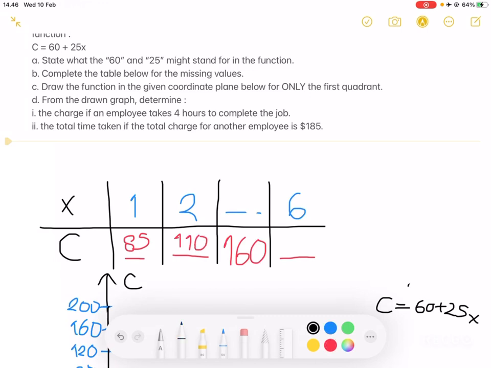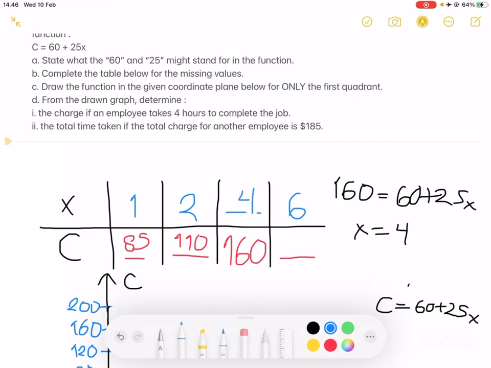And when C is equal to 160, this will be equal to 60 plus 25x. I've just formed a linear equation, and then you can just subtract 60 from both sides, and then dividing it by 25, you will get that x equals 4.